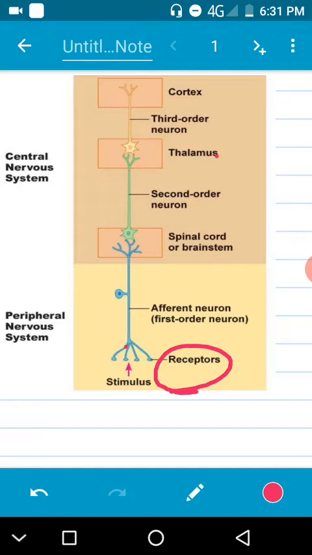Which part of the CNS the senses enter will differ between the somatic sensory system and the special sensory system. In case of somatic sensory system, it is the spinal cord or the brainstem for impulses carried by your trigeminal nerve, which will carry sensations from your face and so on. So basically it works this way.